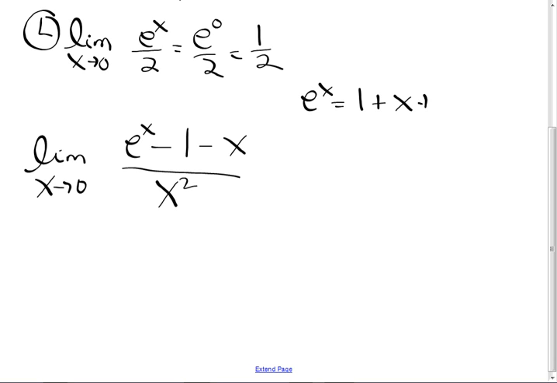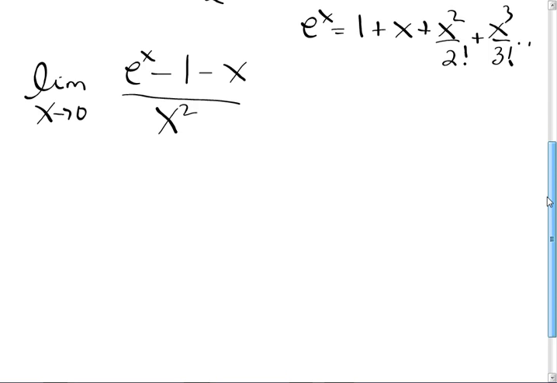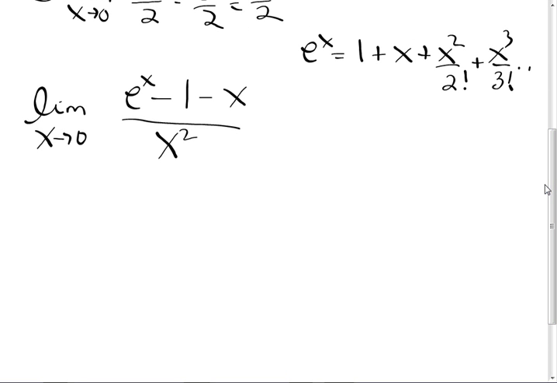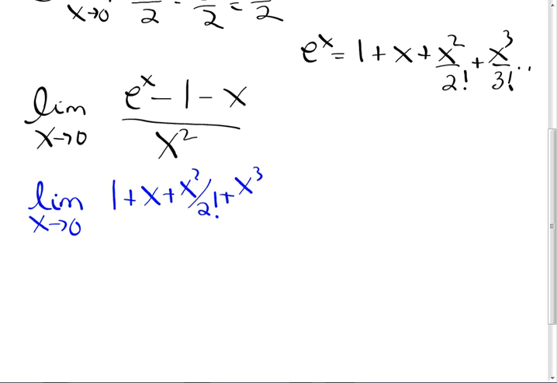Plus x. Eric, how do you do this? So in place of e to the x, you do what? 1 plus x squared over 2 factorial plus x cubed over 3 factorial. Very good. X to the n over n factorial minus 1 minus x.